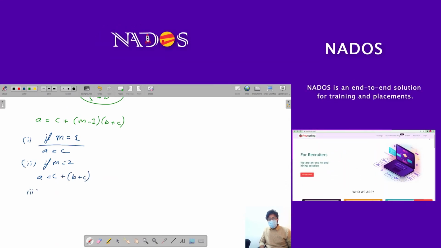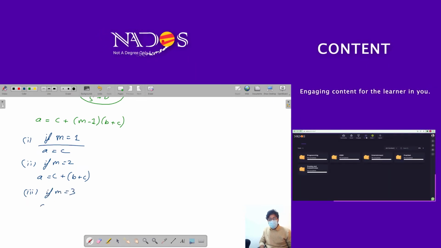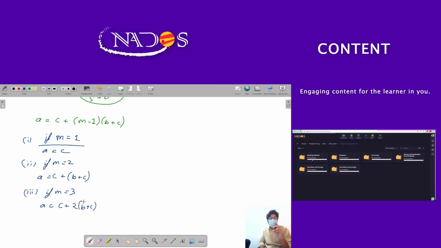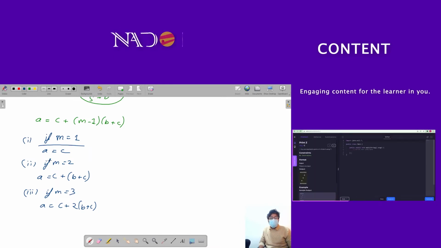Third point, if M is equal to 3, A is equal to C plus 2 of BC. So these are three cases which we can derive from this. But what does this mean? Right. So first of all, let me give you an example of this one.